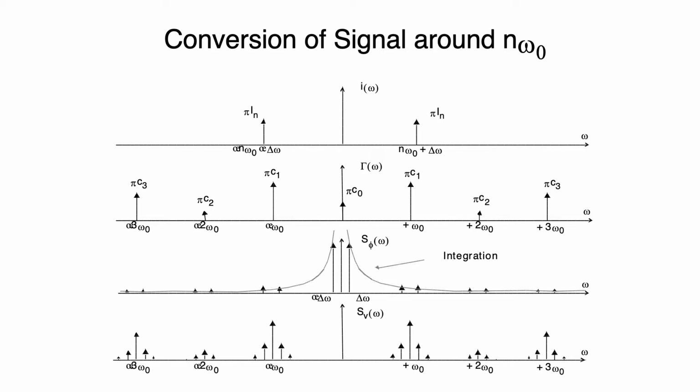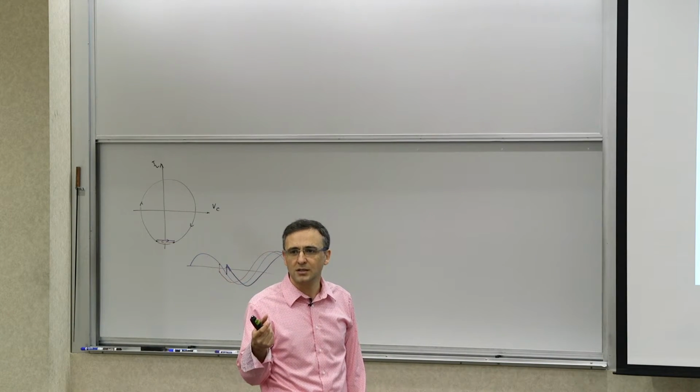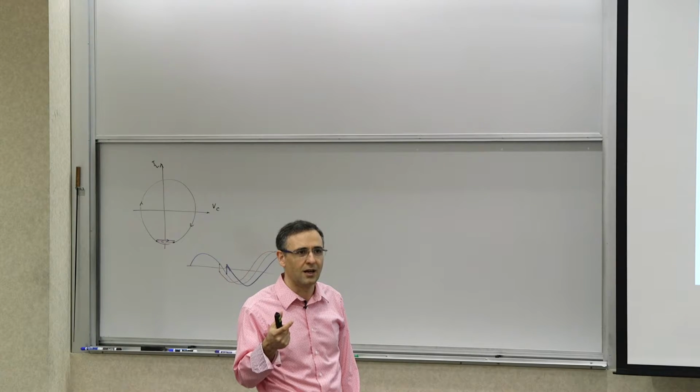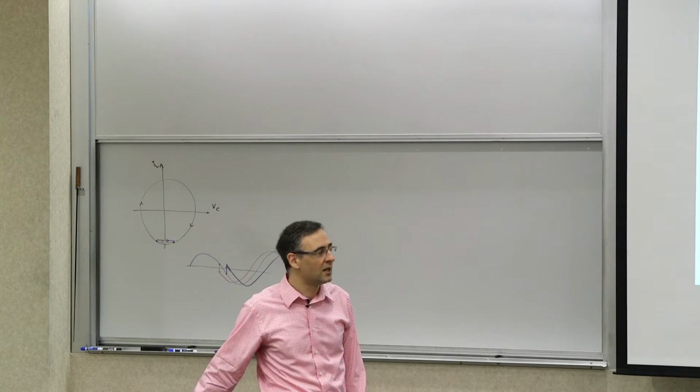What you're looking at is the integral of the product of these two in the time domain, which basically means the convolution of these in the frequency domain, right? The first and second plot convolve to produce the third plot and then go through integration. You can see because of integration, it's only the low frequency components of this that will survive, because an ideal integration will basically suppress anything that's high frequency.